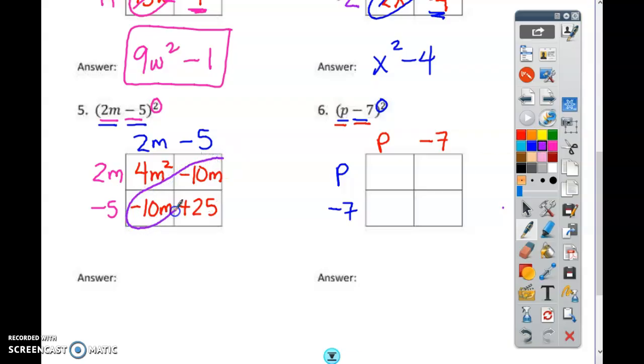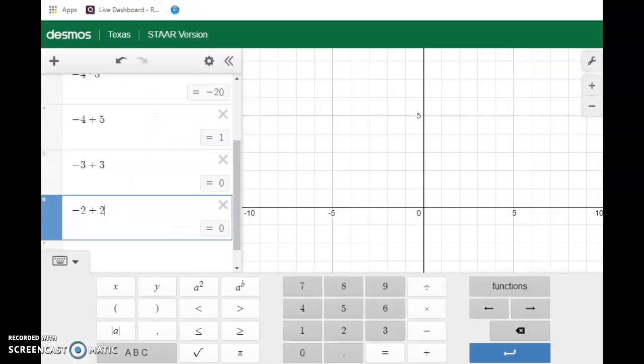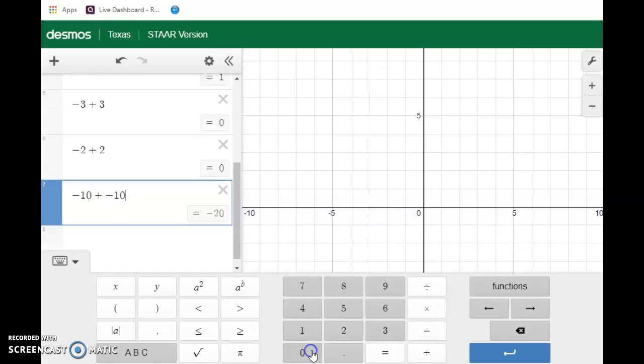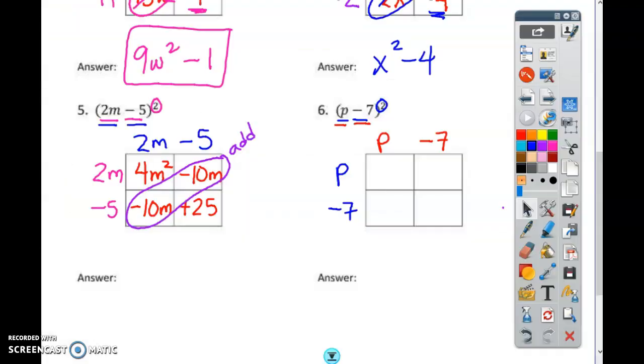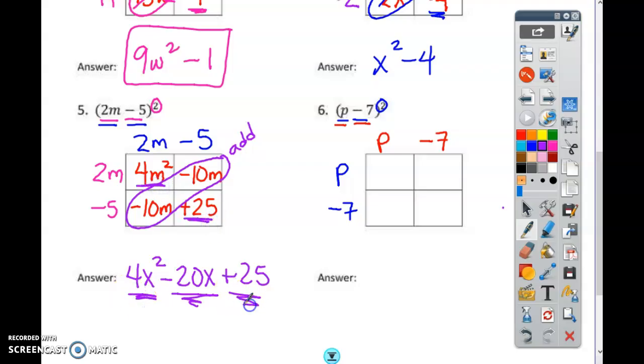Add the middle ones. These are not going to cancel because they're the same sign. Negative 10 plus negative 10 is a negative 20. See, they didn't cancel. So my answer is 4m squared minus 20m plus 25. Then 4m squared goes right here, and the plus 25 goes right there.